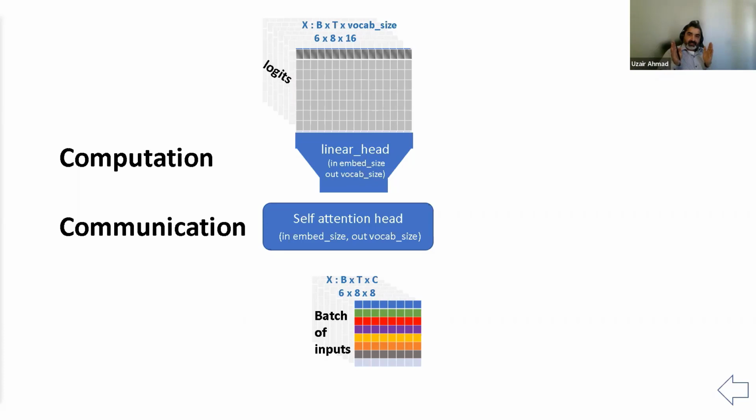Maybe the head size of the self-attention block is 20, but it is projected into the vocabulary space, where the output size of this linear head is the vocabulary size. So two keywords, communication block and computation block, put together, this is one self-attention head.